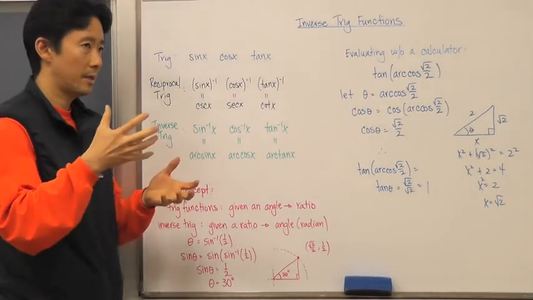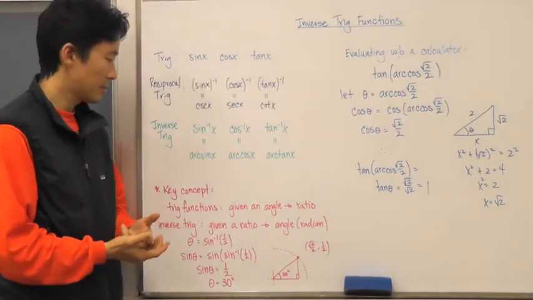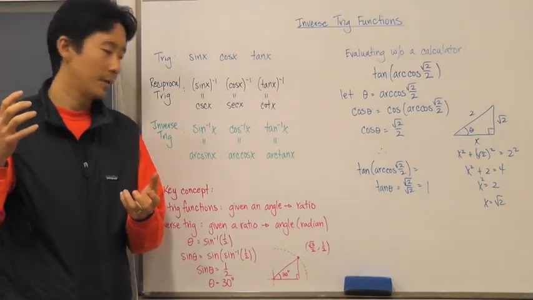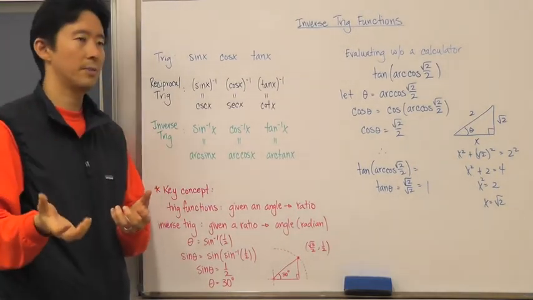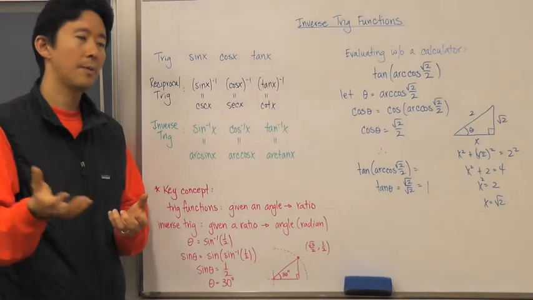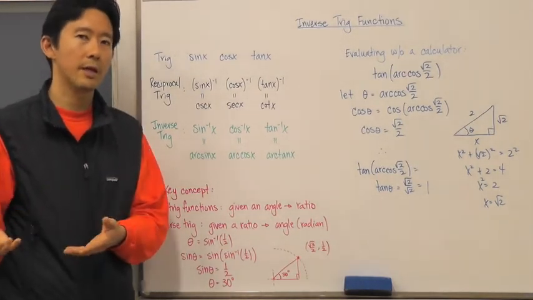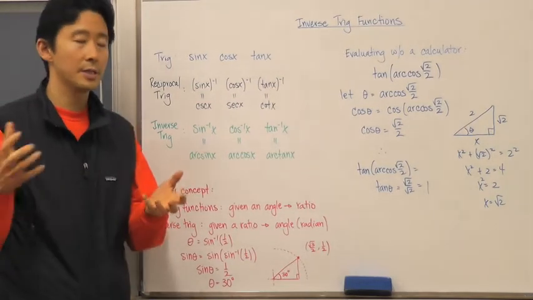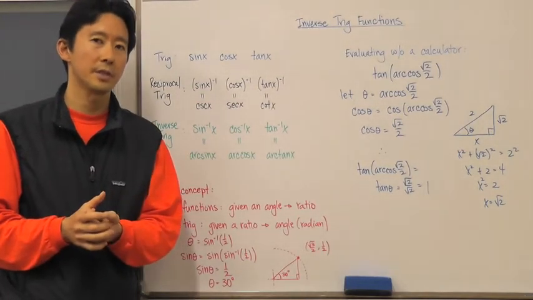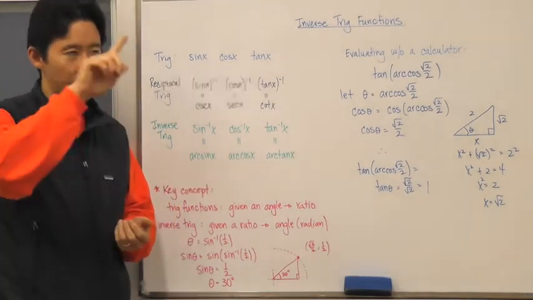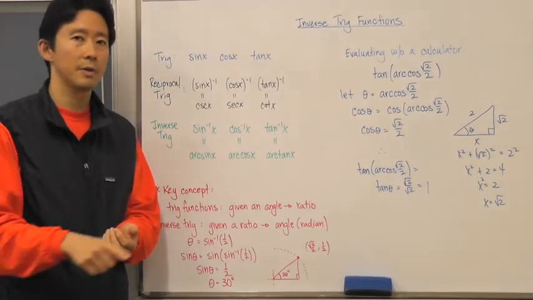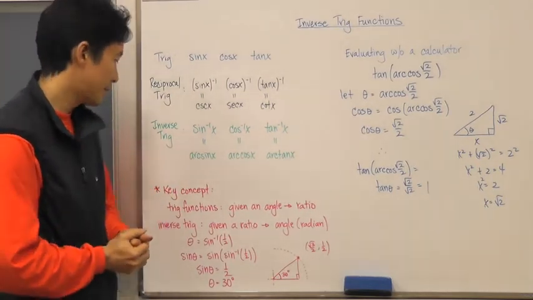What the inverse trig functions do is, if you give a particular ratio, the output of an inverse trig function will be the angle that generated that ratio. So it's very consistent with any kind of inverse functions that we've dealt with in the past, and we have a circular nature with regards to a function and its inverse.